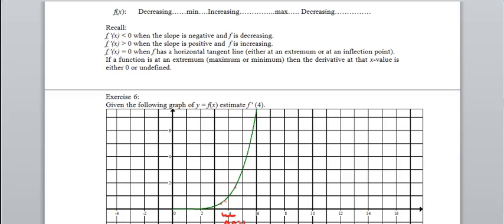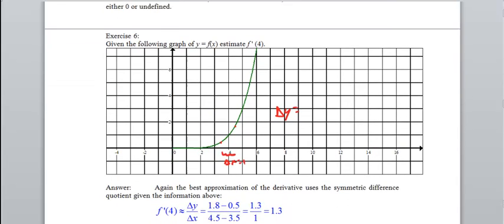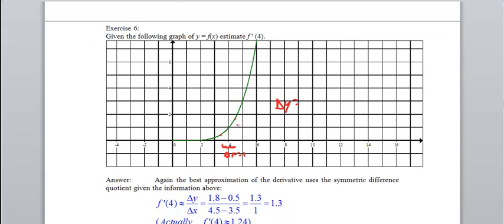Okay, so what is delta y? Well, we just need to find the two y values. Okay, and I said this guy is about 1.8, and I said the y value here is about 0.5 for a delta y of 1.3.